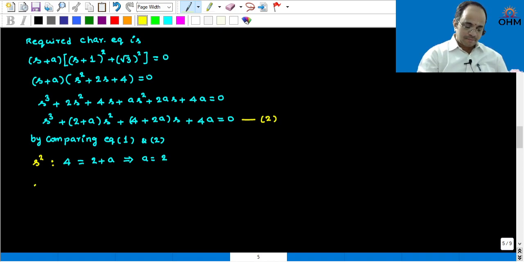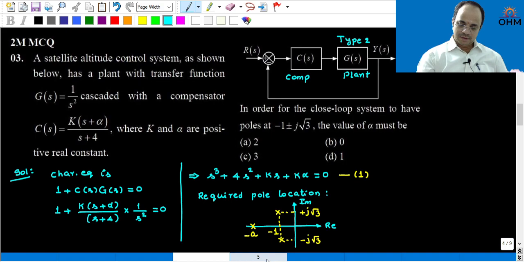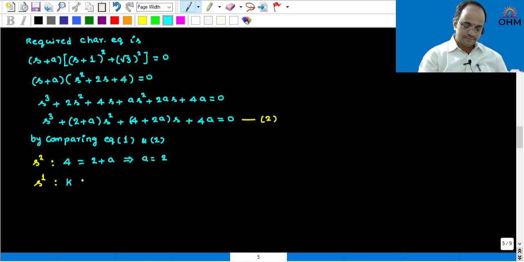Next, by comparing S power 1 coefficients, in equation number 1 that is k, in equation number 2 that is 4 plus 2A. Therefore, you will get k value is equal to simply 8.